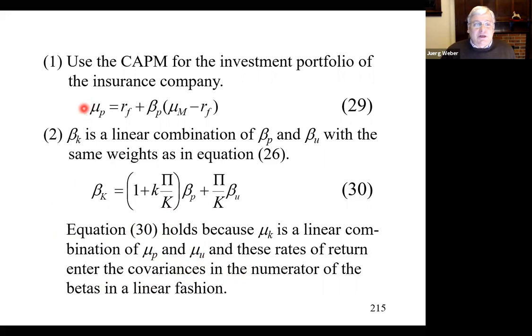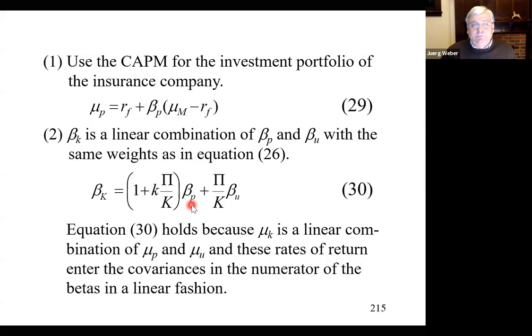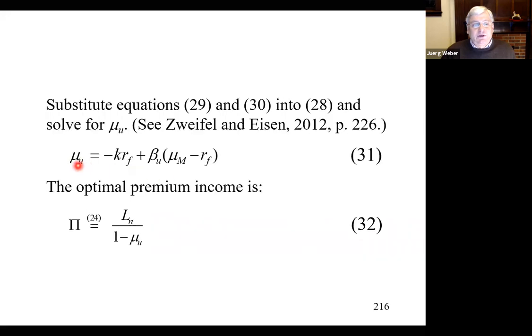So we now have two expressions for mu p and for beta k, and we can plug them in here. We get a very long equation, and we can solve that equation now for the optimal underwriting return. So that's what we get.